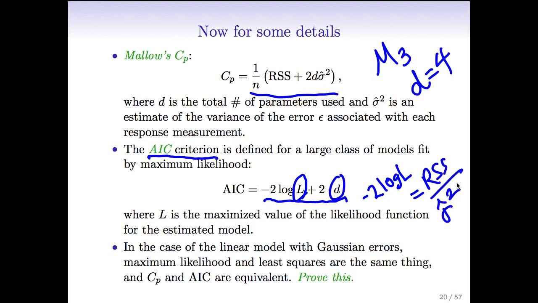So if you plug in RSS over sigma hat squared for negative 2 log L, then what you realize is that AIC and Mallow's Cp are actually proportional to each other. And since we're just going to choose the model for which Cp is smallest, that's equivalent to choosing the model for which AIC is smallest. So AIC and Cp are really the same thing for linear models. But for other types of models, these things are not the same, and AIC is a good approach.